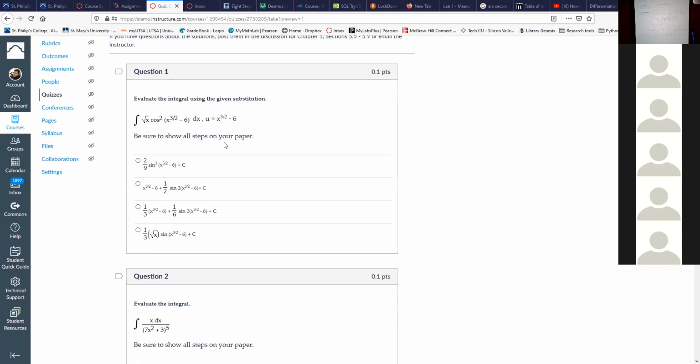Does this one seem hard? They're telling you what to do with the u sub, right? And then you do the du and start your integration. I already told you, so I'm hoping it's not difficult. This is just a u sub question. There's no inverse trig, no ln. It's just a cosine type.